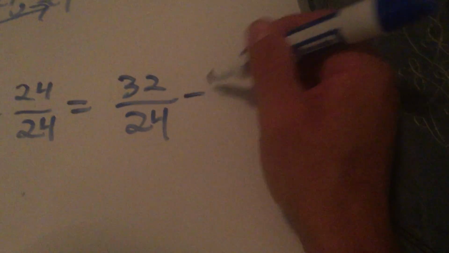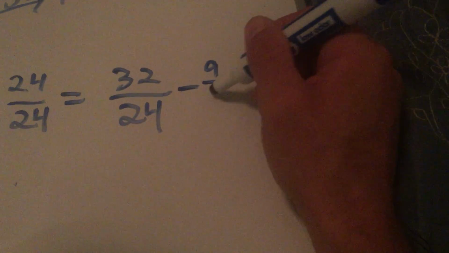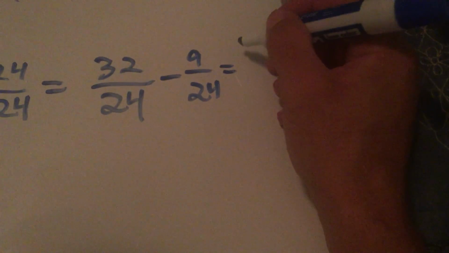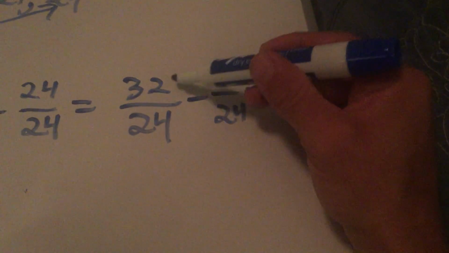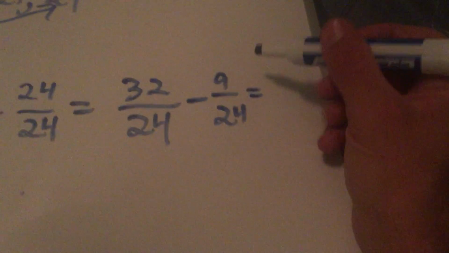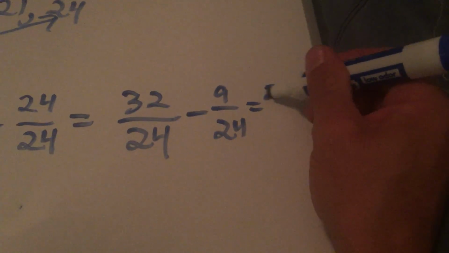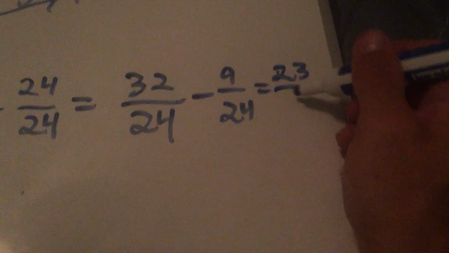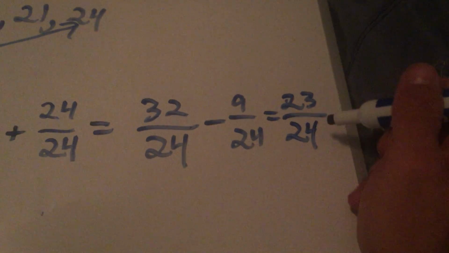Now we can subtract our 9 over 24. I like to write sideways when I work with fractions. That's the way I roll. So we're going to subtract the top number here. 32 minus 9 is 23 over, denominator stays the same, 24.